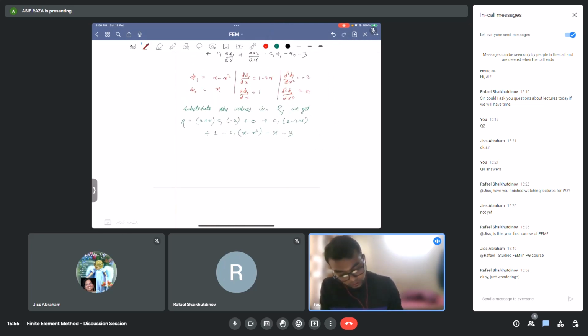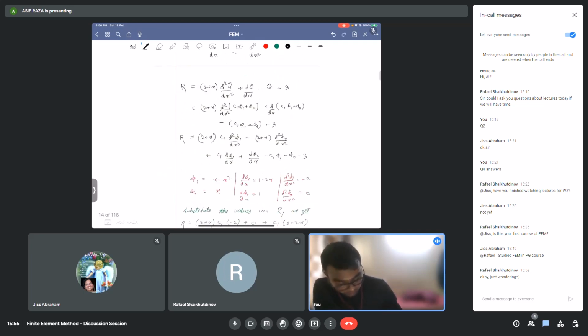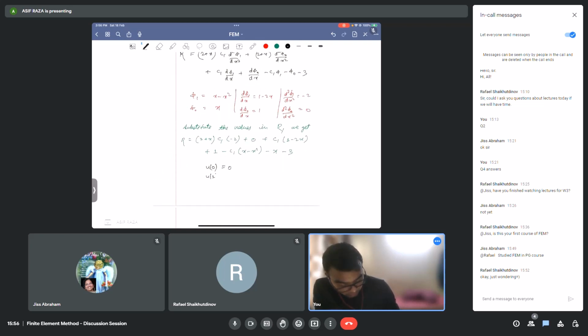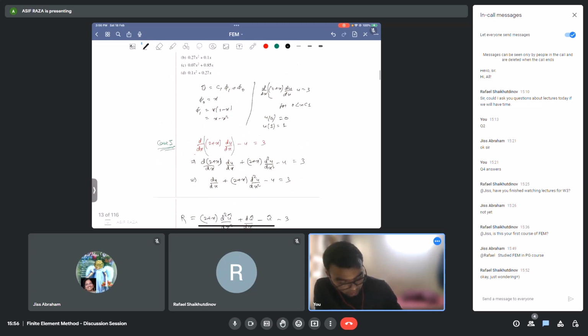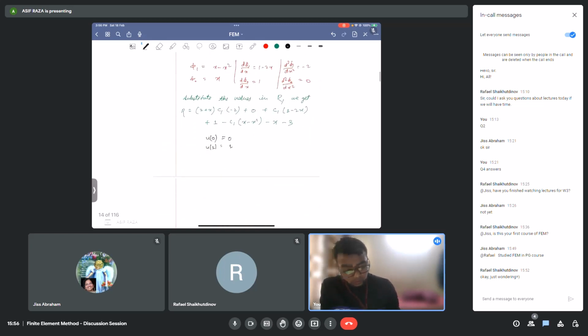So what do we have in the collocation method? We already have u(0) equal to 0 and u(1) equal to 1, so we already have two points given. We just take one more point, say 1 by 2, and substitute it, because at these points my governing differential equation will be satisfied.